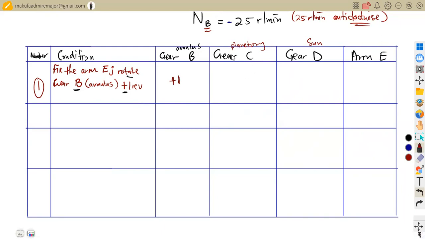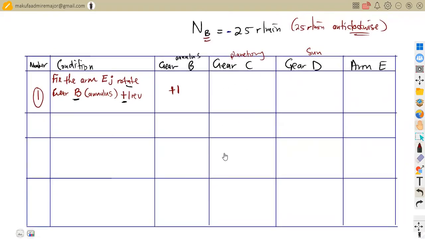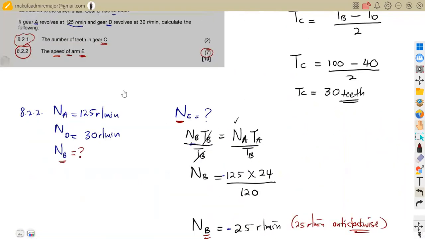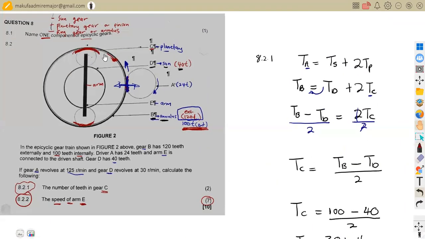What about gear C, which is our planetary? Let's see what is happening with C. What is going to affect C? At C, this is where we have the planetary here. If we check what is happening at C, we are going to see that as this annulus, which is the ring here, is going clockwise, the planetary is going to have the same condition, clockwise, because it is being opposed by the sun gear.